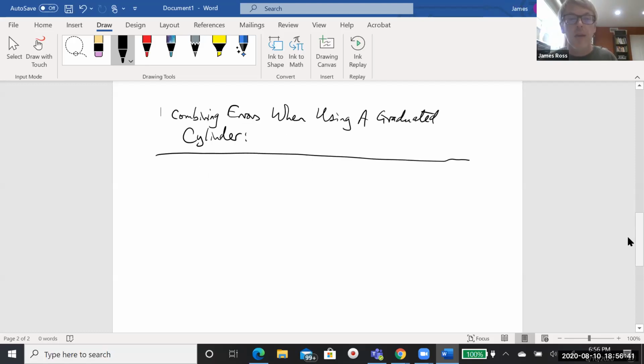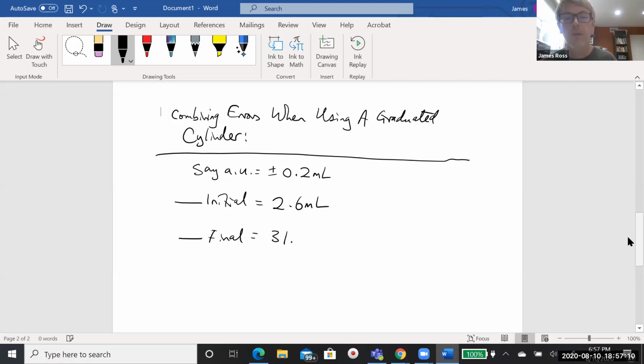Let's say on this occasion that the absolute uncertainty that you've ascertained is plus or minus 0.2 mL. Let's say we have an initial measurement of 2.6 mL, and we have a final measurement of 31.2 mL to give us a change in volume of 28.6 mL.